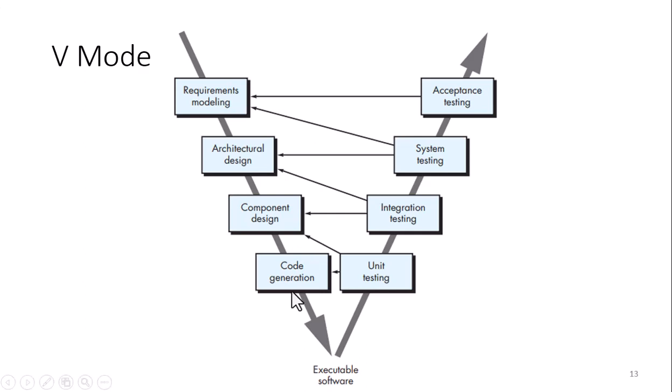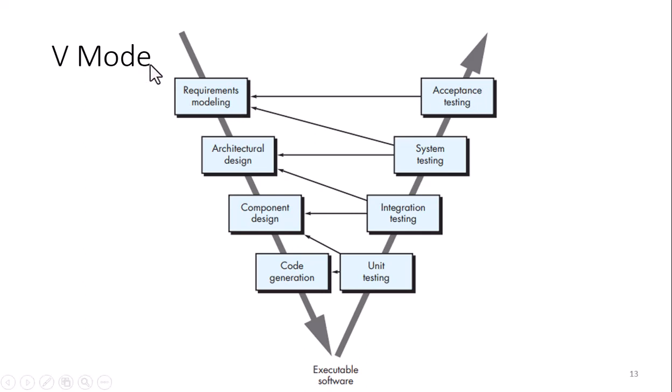And then code generation, or we can say the implementation phase or coding, where we plan just for the unit test. After the coding we do the unit test against this code, then integration test to validate the component design, then system test to validate the architecture design and also the requirements specification document, and then acceptance testing at the end.